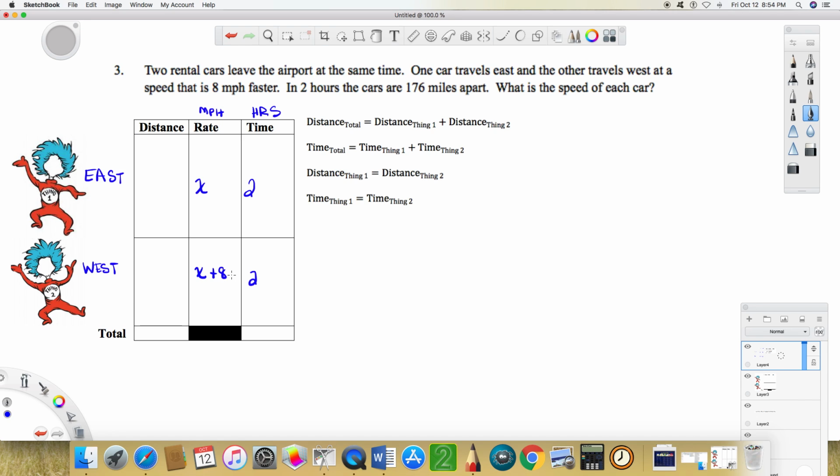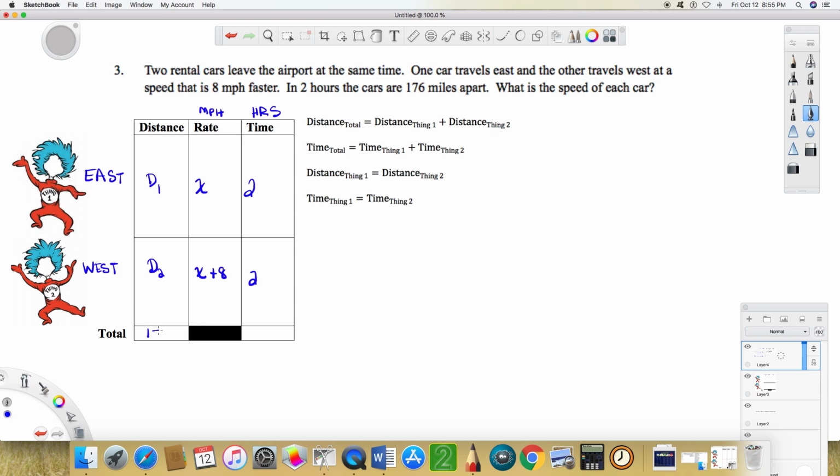I do not know how far the eastbound car drove, and I don't know how far the westbound car drove, but I do know that their total is 176. They're 176 miles apart from each other, and since they were traveling in opposite directions, I know that their total is 176.